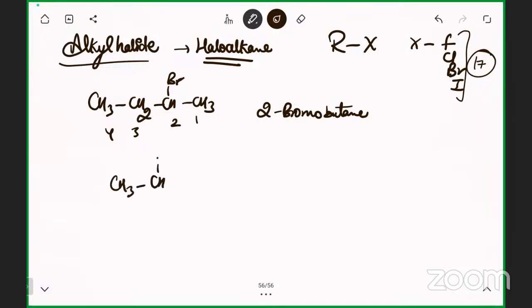Okay, let's go for this one. CH3, CH single bond Br, then we'll go for the CH2, then CH, then Cl, then CH3.